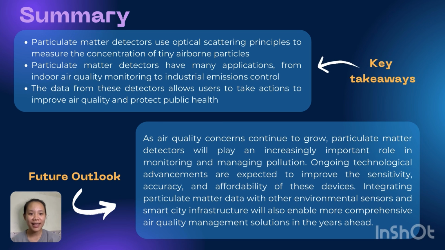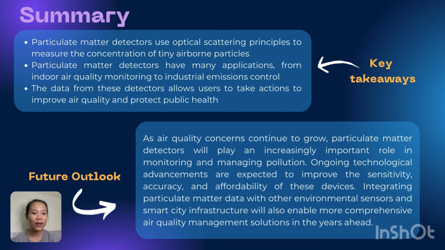And now we can see that a particulate matter detector uses optical scattering principles to measure the concentration of tiny airborne particles and is widely used for applications ranging from indoor air quality monitoring to industrial emission control. The data that they provide enables action to improve air quality and protect public health.